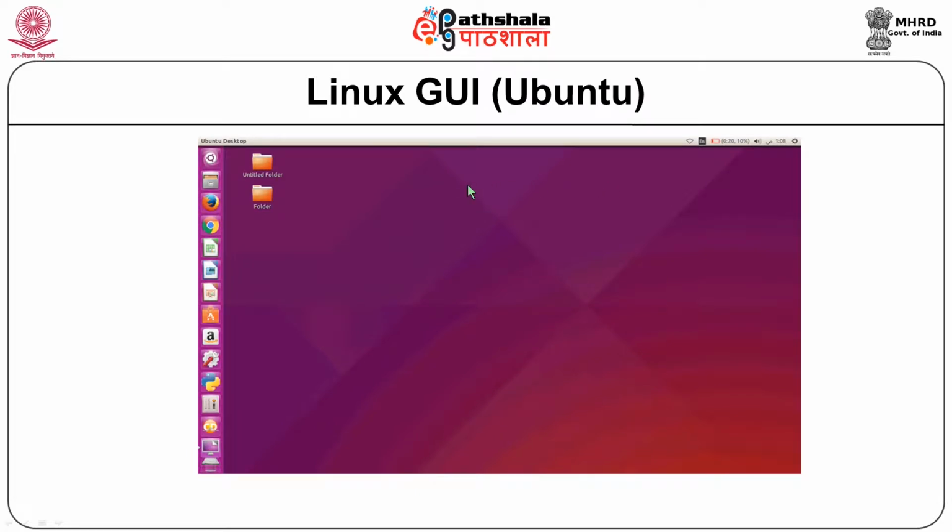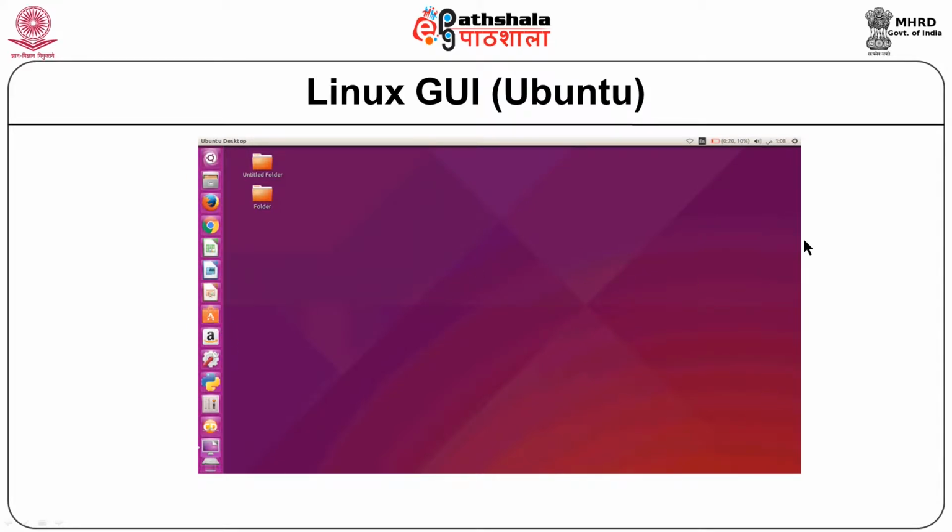So, when a user wants to browse the internet or start any application, he will refer to these icons at the left side. Now, Ubuntu is coming with the Amazon application. The Ubuntu distribution is backed by Amazon, and that is why we find the icon for Amazon over here.